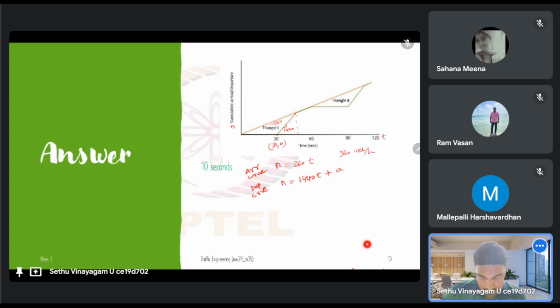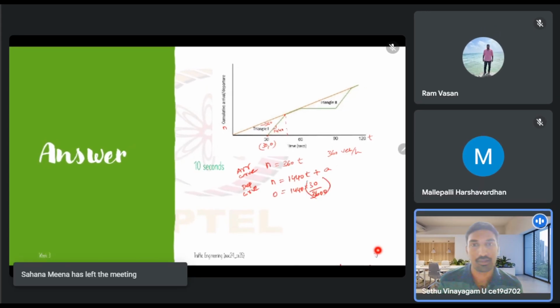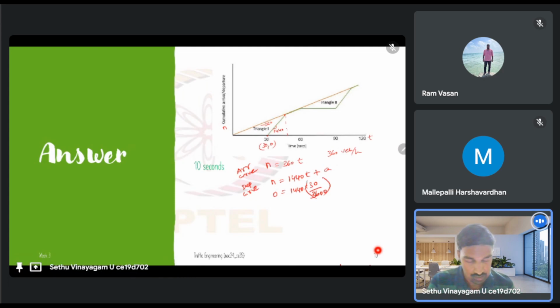So we can substitute that here. n is equal to 0 at t equal to 30, but we need to take this in hours, because the unit of our slope is per hour. So 1440 into 30 seconds converted to hours, that is 30 by 3600, plus a equals 0, so a is minus 1440 into 30 by 3600. So this is our departure curve: n is equal to 1440 t minus 1440 into 30 by 3600.